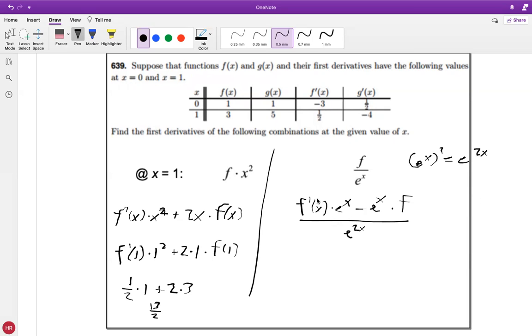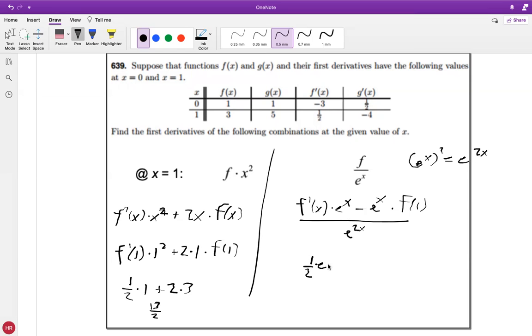Okay, so I do f prime of 1. Yeah, we're doing this one at 1, so I'm going to plug in 1s for all the x's. This is f of 1, right? So f prime at 1 is 1/2 times e to the 1.